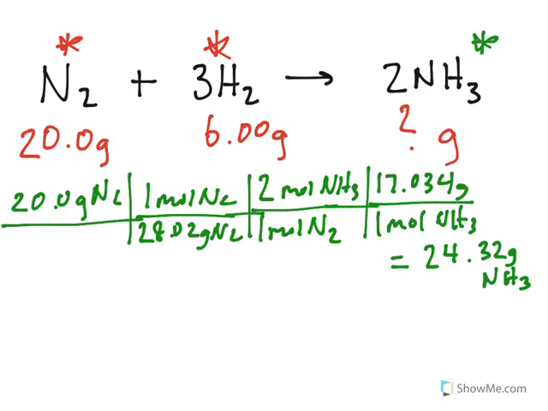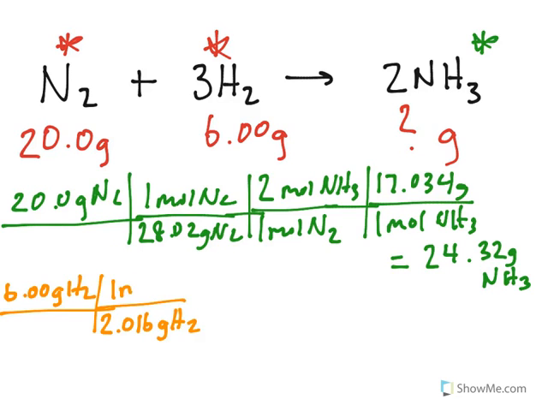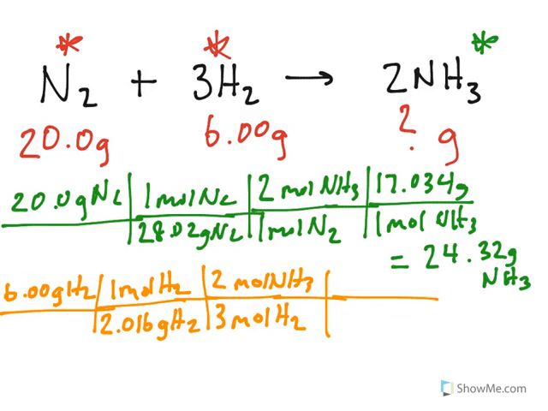Now, let's repeat the process with hydrogen. 6.00 grams of hydrogen, convert to moles, 2.016 grams of hydrogen is 1 mole of H2. There are 3 moles of H2 to produce 2 moles of NH3 according to our balanced chemical equation, and 1 mole of NH3 has a mass of 17.034 grams.